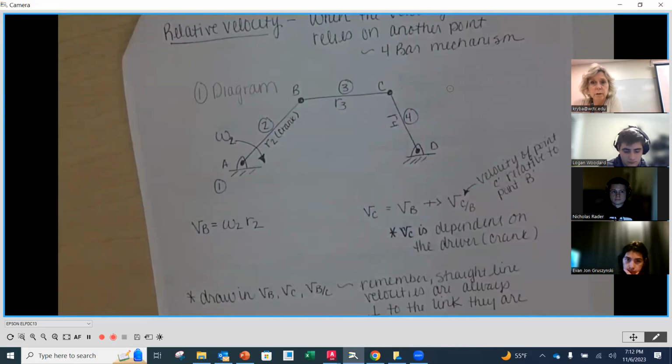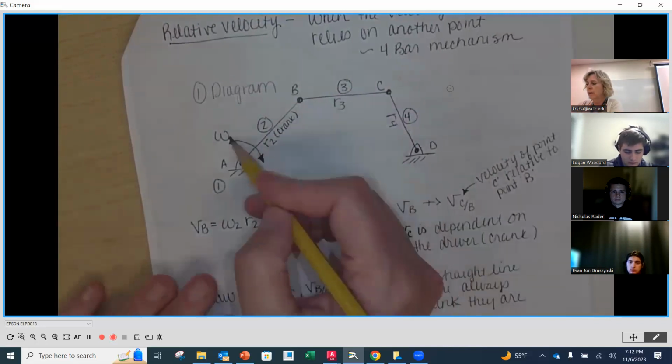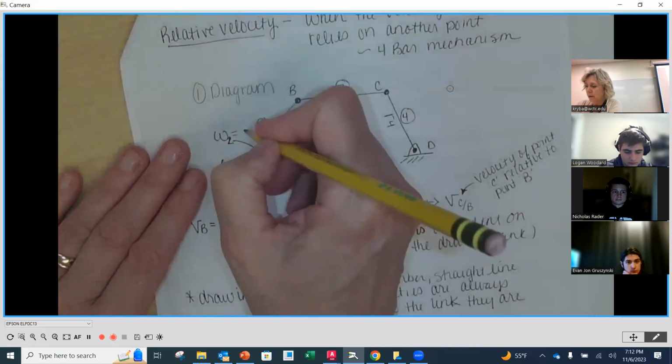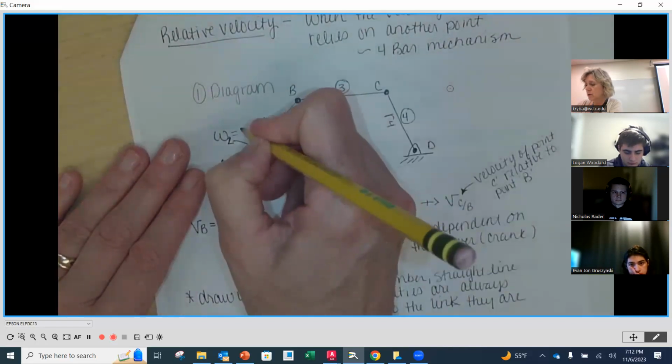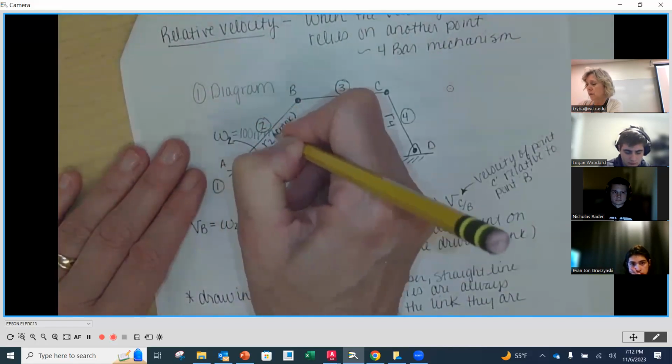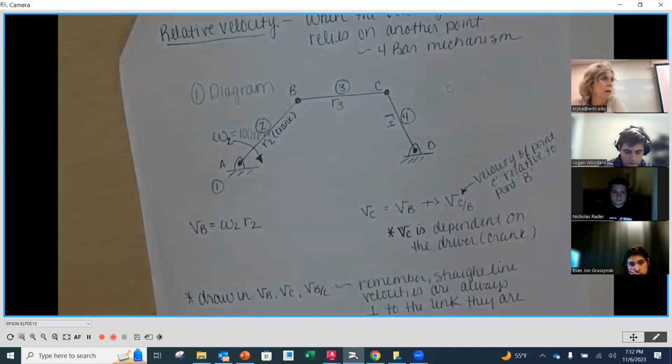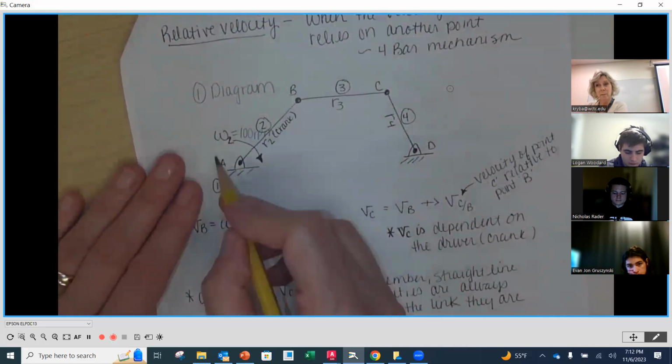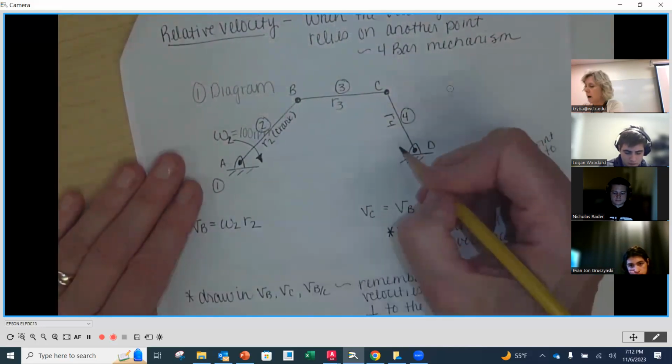Then what we're going to do is determine what we need to find. So depending on the problem, this might be a known value. Let's say this is equal to 100 RPMs, for instance. Our W2 is 100 RPMs going in a clockwise direction. And we want to find, if this is our input, what is our output?